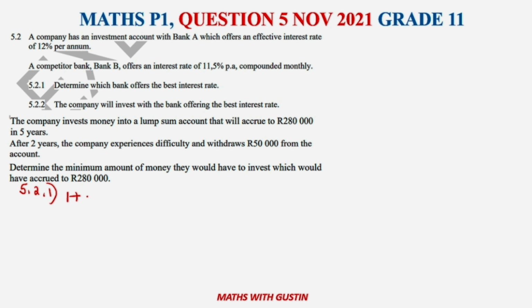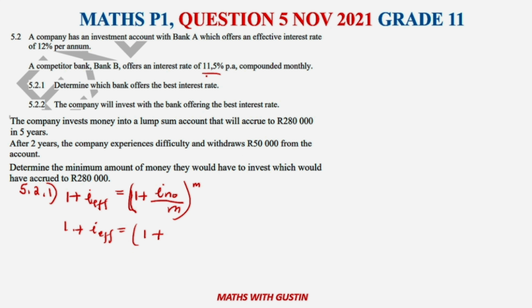Okay, we know the formula for calculating the effective interest is given by 1 plus the nominal interest rate over m, all in brackets, to the power of m. So I already know that 1 plus the effective interest rate is equal to, in brackets, 1 plus this 11.5%.